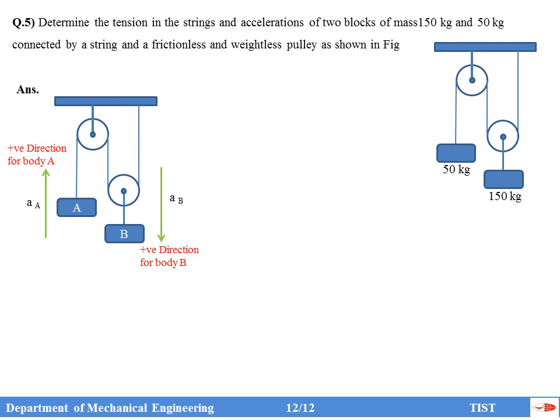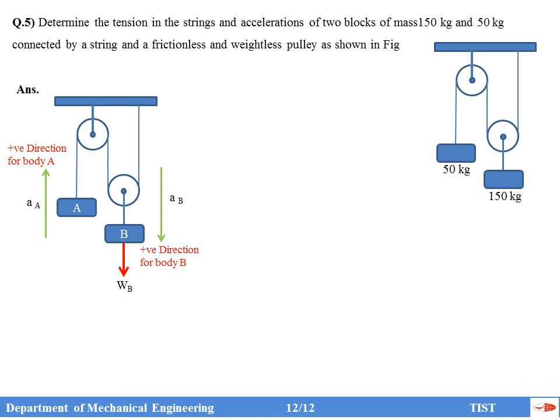That is an important concept in dynamics: the direction in which the body moves, or is assumed to move, is the positive direction. So all the forces in that direction are positive.